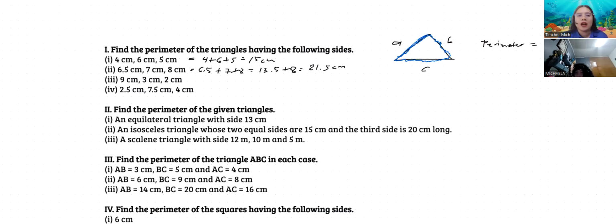How about for number 3, anak? What is the perimeter of that triangle? If we have here one side is 9 centimeters, 3 centimeters, and then the other one is 2 centimeters.